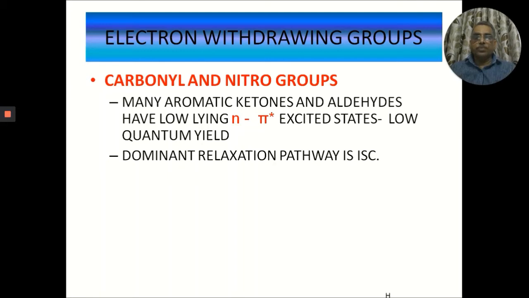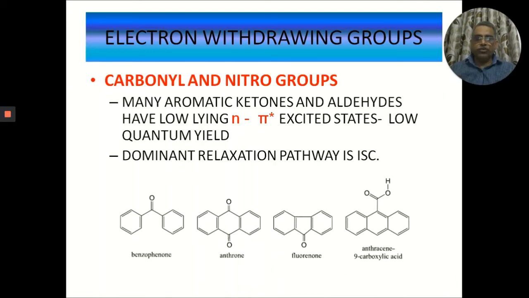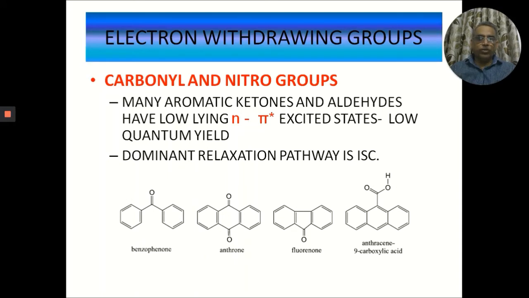Now you can carefully look at the structural features: benzophenone, anthrones, fluorinones, anthroxy. You can see all these ketones have the n to pi star at the lower energy. Benzophenone is almost non-fluorescent, and the other molecules have a lower fluorescence quantum efficiency.